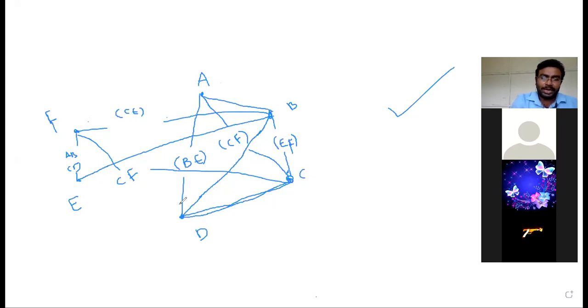Now, what is my next step? Look at here, students. When I'm calling a direct line, connecting line between AB is directly a compatible pair. There is no problem at all. AB can be directly taken as a compatible pair. But when I come to the next condition, AC, I have connected AC, but I have mentioned they are having different next states. It means that if A and C want to be compatible, their next states C and F also should be compatible.